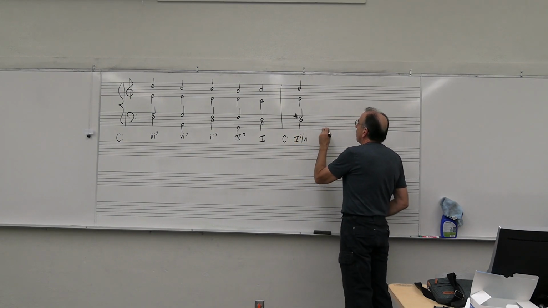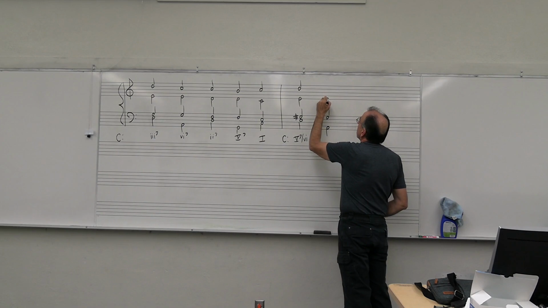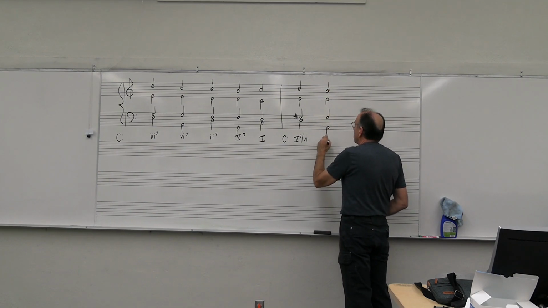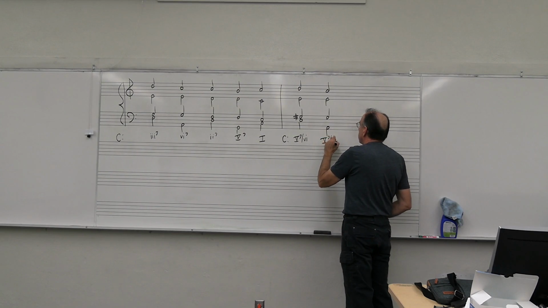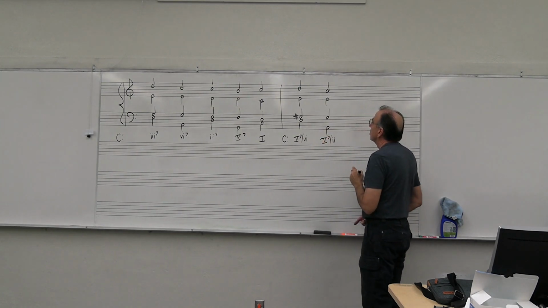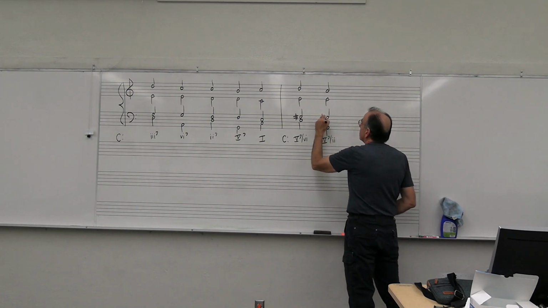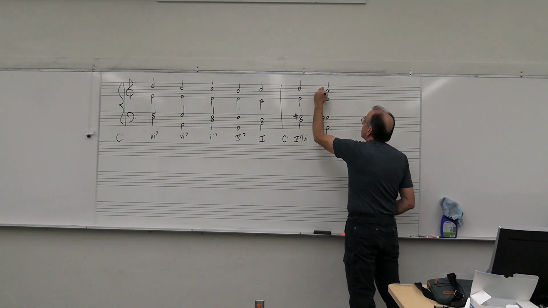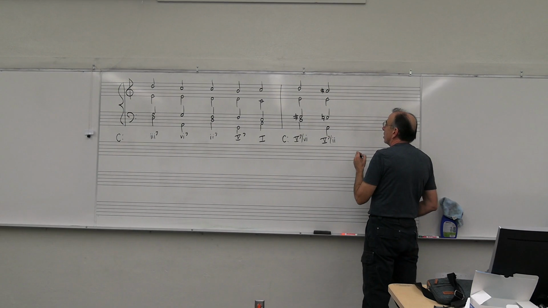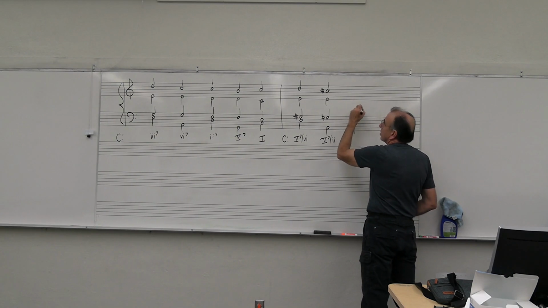And then I'm going to resolve it to the sixth chord. But instead of getting the sixth chord, I'm going to do 5-7 of 2. And I'm going to do this, and I'll explain that in a minute. And then I'm going to resolve that to the analogous D minor chord.